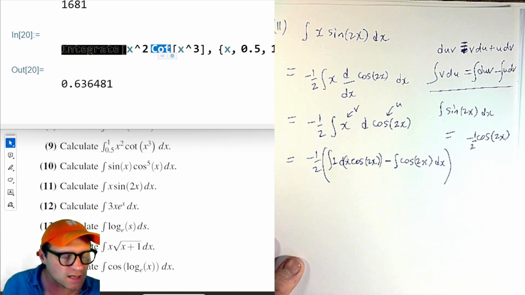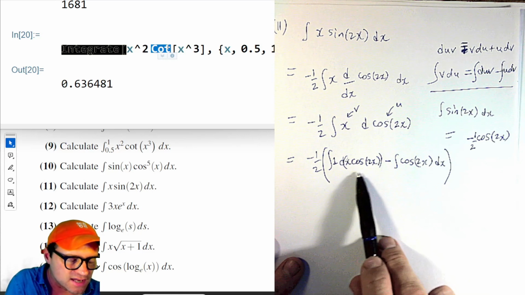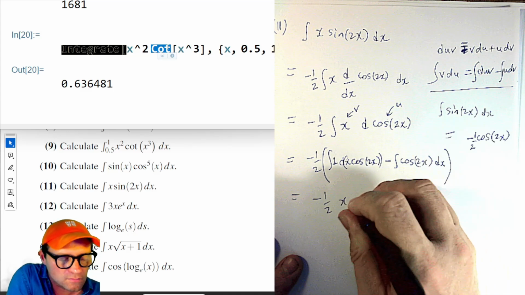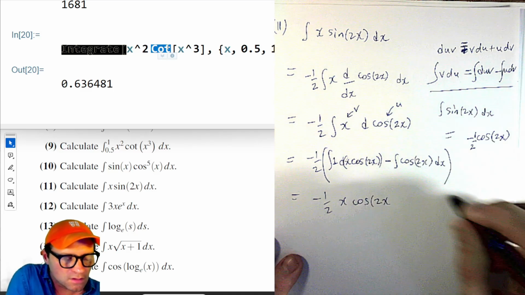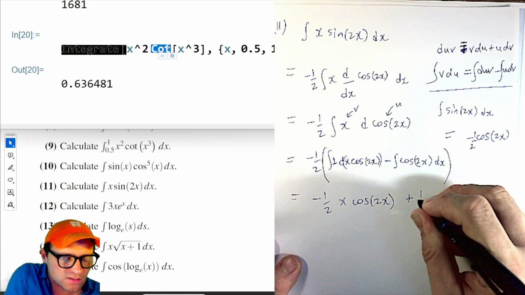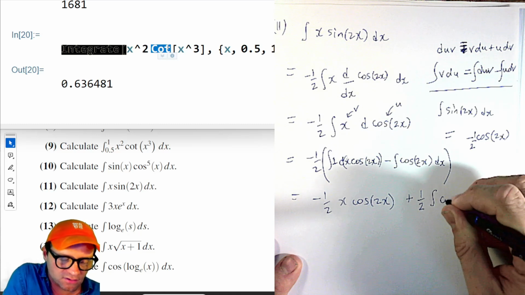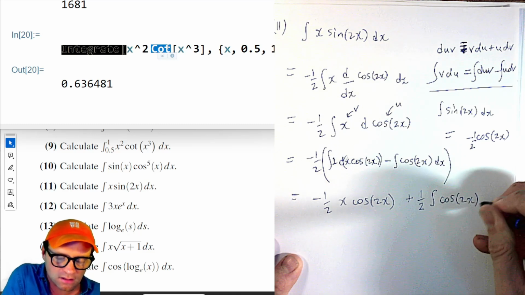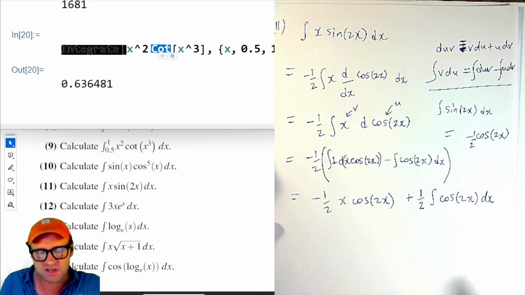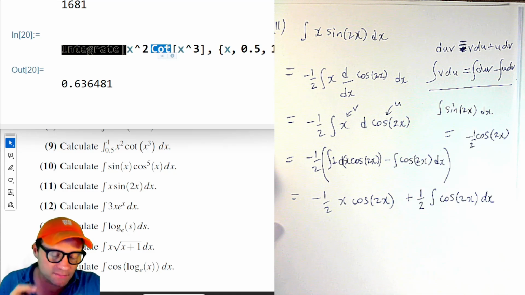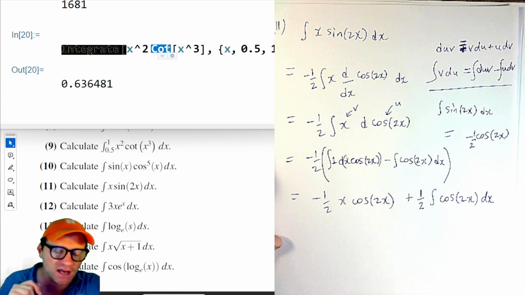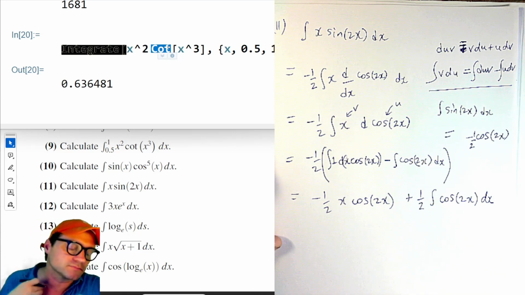Okay, so next, this integral is clearly just x cos of 2x. And then bringing this minus 1/2 in, we have plus 1/2 times the integral of cos of 2x with respect to x. Okay, so we're almost done. Now this integral should be somewhat easy, right? The derivative of sine is cos. So this is sine of 2x times something.